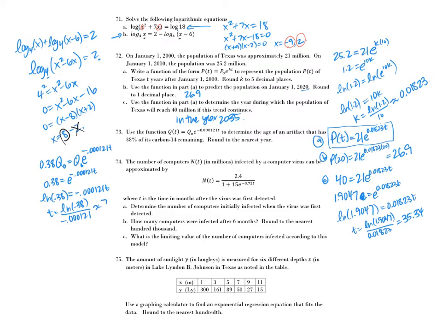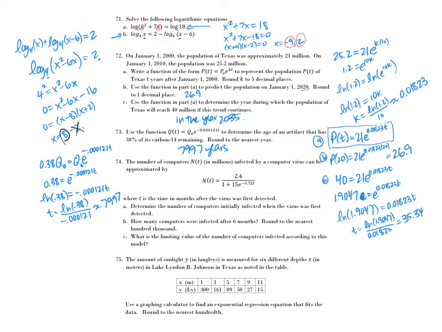So I got 7,996.5, round to the nearest year, so 7,997 years. So 7,997 years old.